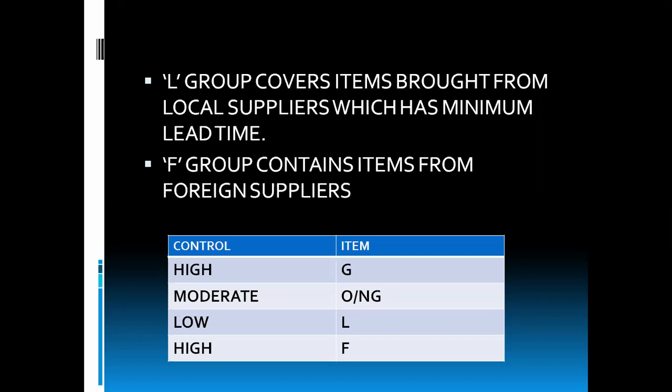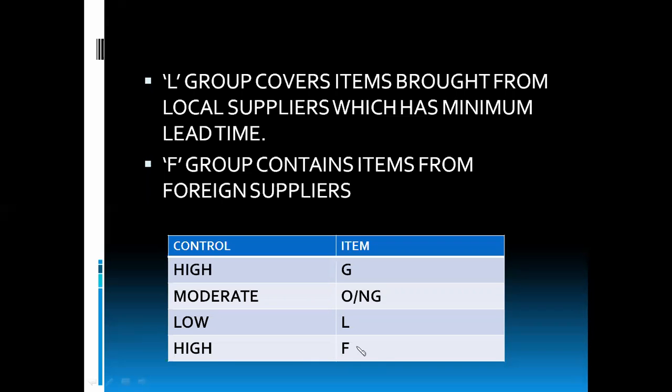After that comes foreign. Since we have to get it from foreign suppliers, that also requires high control, because when we are importing, it will take more time. For example, we need some goods for the month of August, and we have some goods with us, and I'm talking about foreign suppliers, okay?